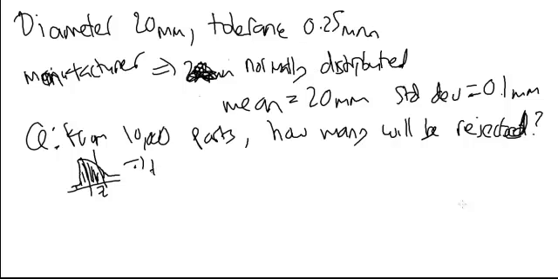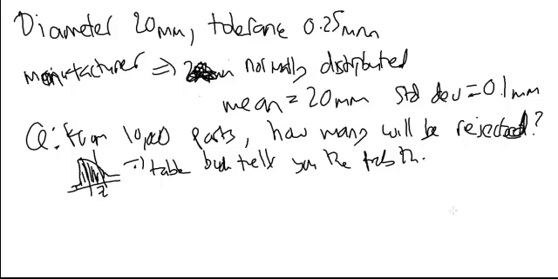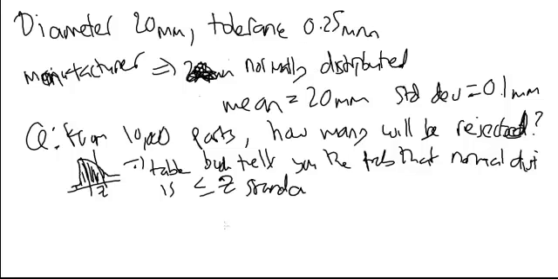So the table book tells you the probability that a normal distribution is less than or equal to z standard deviations from the mean.